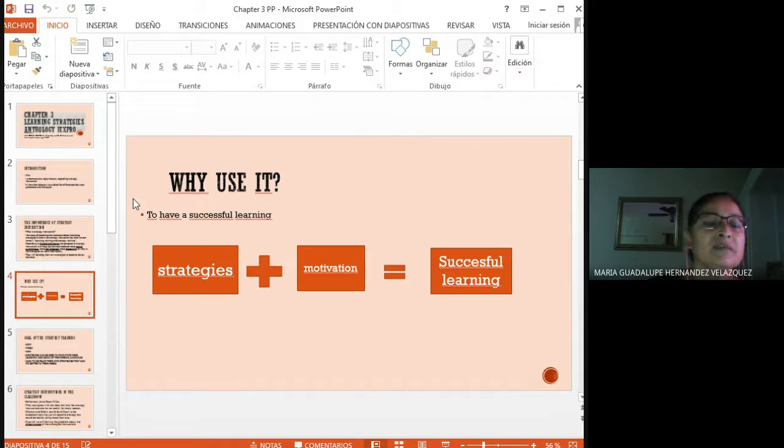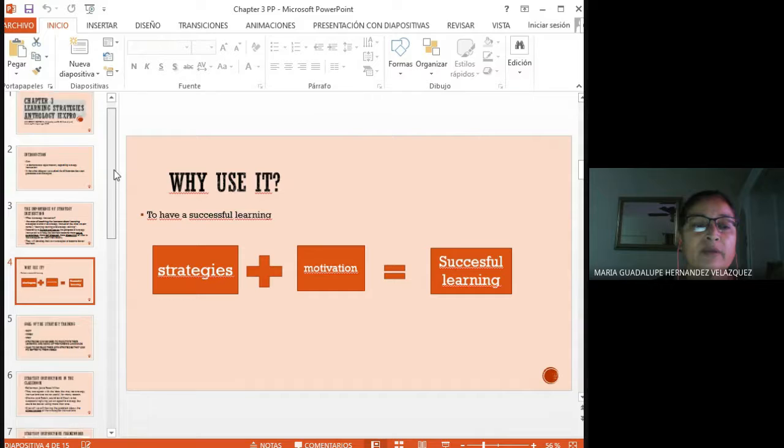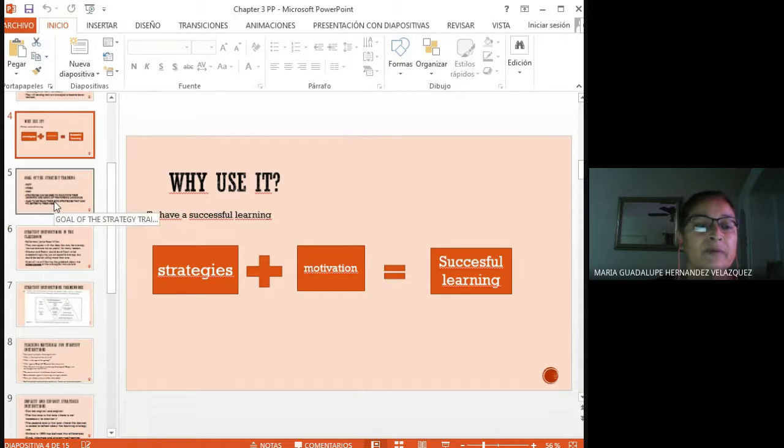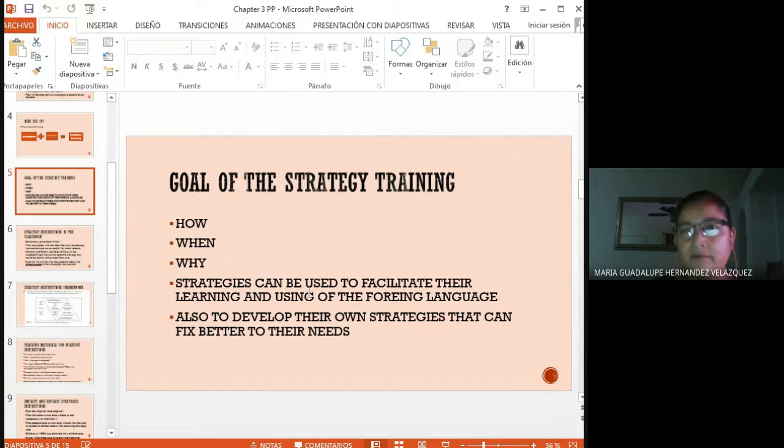Maybe sometimes they don't have the motivation, but we can engage them to be more interested in learning the other language. Okay, as teachers, that is one of the jobs that we need to do.